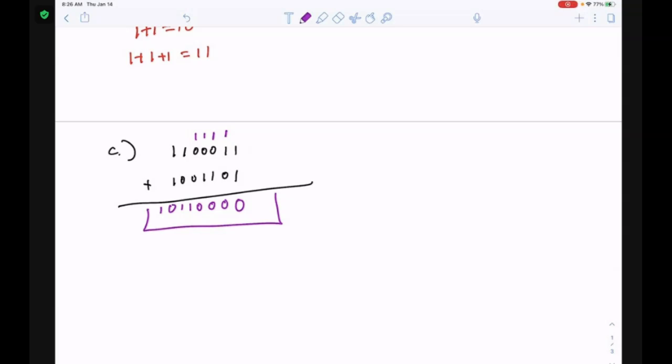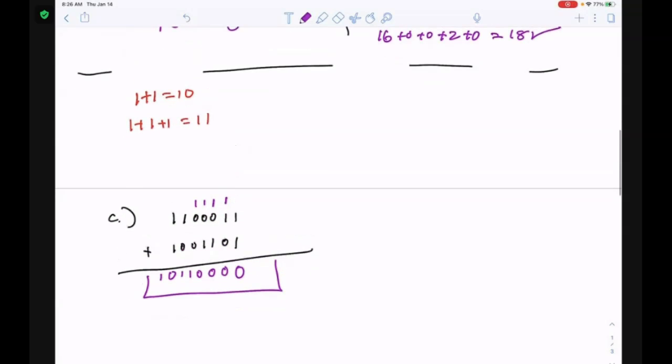The only thing that's different is that 1 plus 1 is 10, and 1 plus 1 plus 1 would be 11, because it's 10 plus 1. Now, when I say 10, everything I'm referring to is in binary. So it's not really 10, it's 1, 0. So 1 plus 1 is 1, 0, or if you want to think about it as being 10, it works the same. So remember, the only thing you really need to make sure is front and center is these two rules right here.